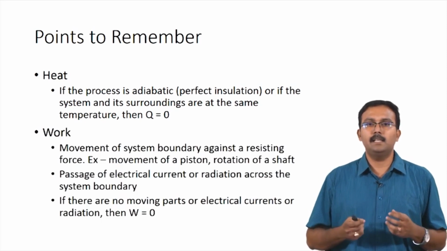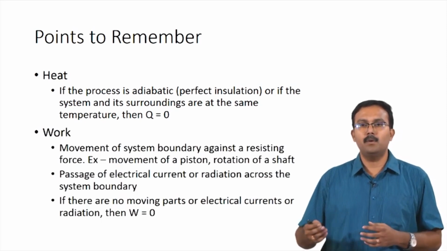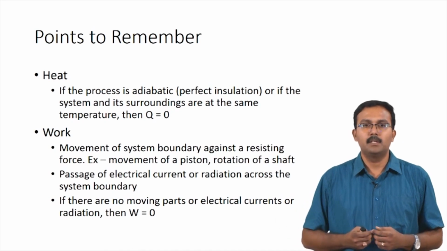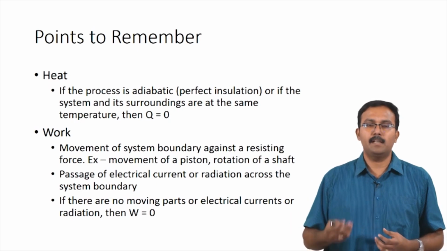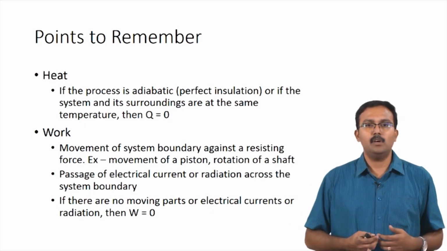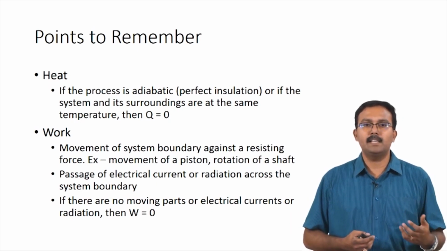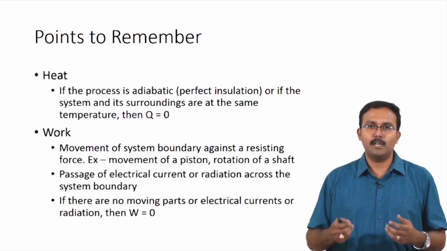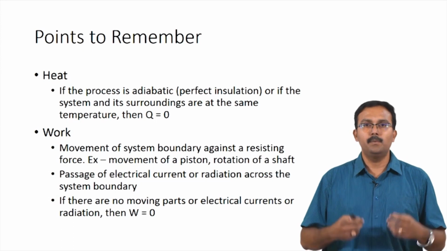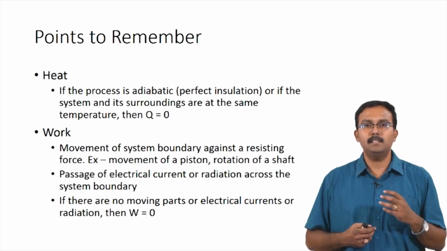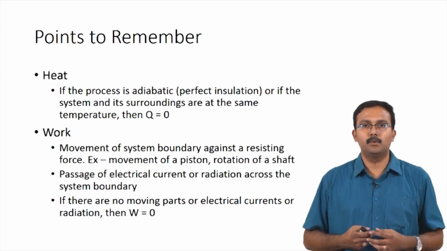Work is basically the movement of the system boundary against a resisting force. This could either be movement of a piston or rotation of a shaft and so many other things. You can also have passage of electrical current or radiation across the system boundary, which can also cause work. As I had already mentioned in the last lecture, we will not be looking at electrical energy as part of this course.